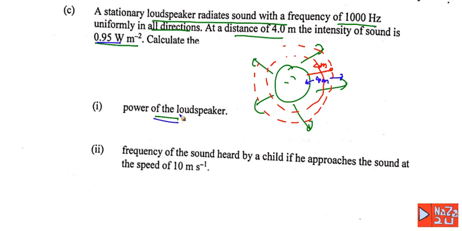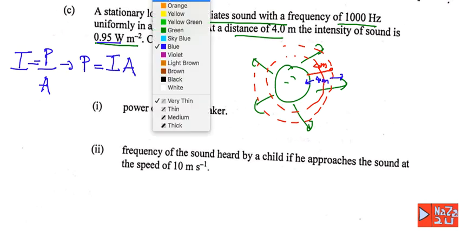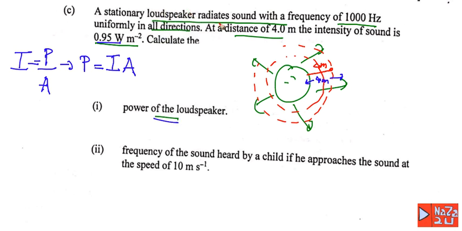So now what is the power of the loudspeaker? As you know, intensity is equal to power divided by area A. So to calculate the power of the loudspeaker, it is intensity times area A. Intensity is given as 0.95. So what is the value of the area A?